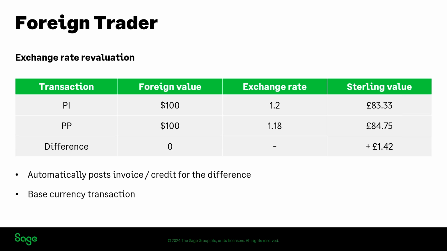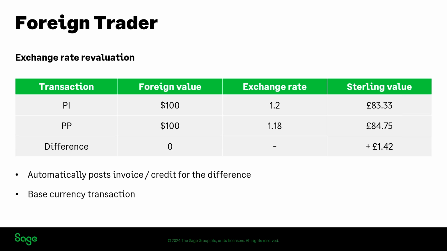If it worked out the other way, where you've paid them in the foreign value in full, but in your sterling value you've gained because you've paid less than what you were originally invoiced for, then in that instance you'd need to post a credit note to balance the account. So the software is essentially going to do that for you. So that £1.42 has a zero foreign value, but it has a positive sterling value.